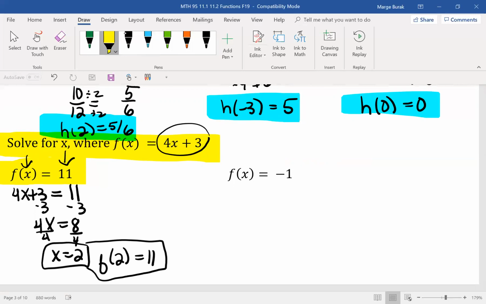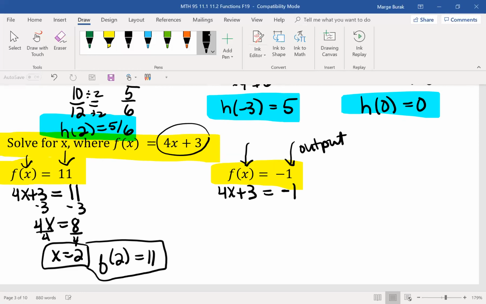Aha, it comes out to negative 1, do you see? Because that's my input, that's my output. So I put my function right where f of x equals, and then set it equal to negative 1. And then just use algebra to solve. 4x equals negative 5, divide by a messy 4.